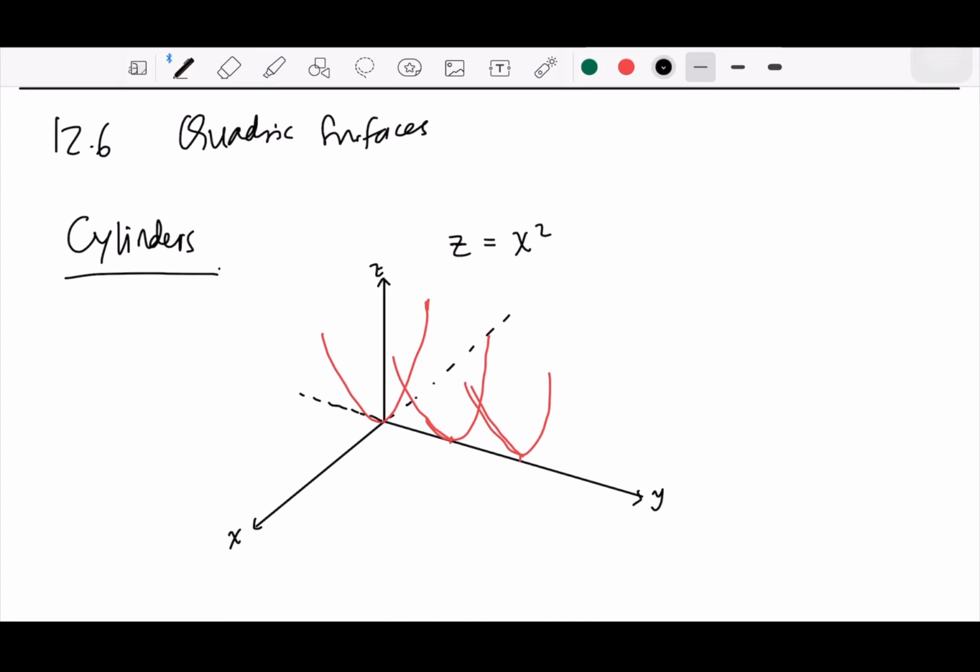And also, if we take the negative part, this is also the same. And if we connect all these curves, it becomes a surface. So let me just draw it in green. So we will have some surface here.